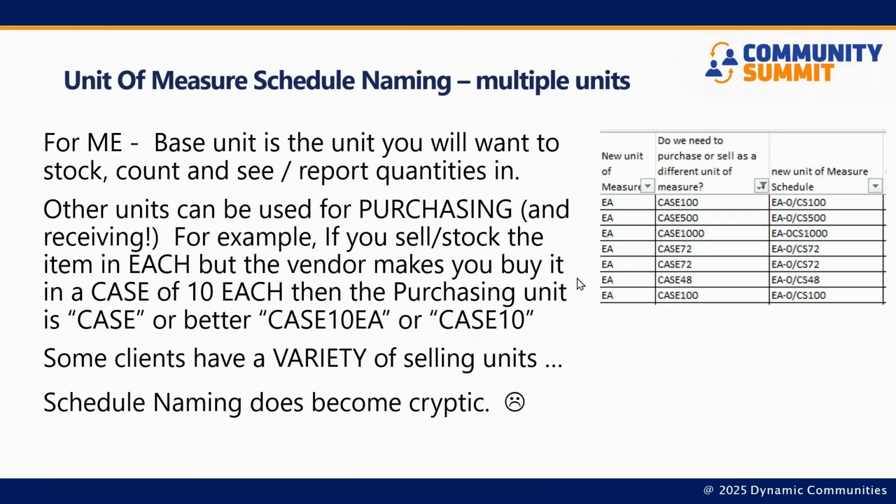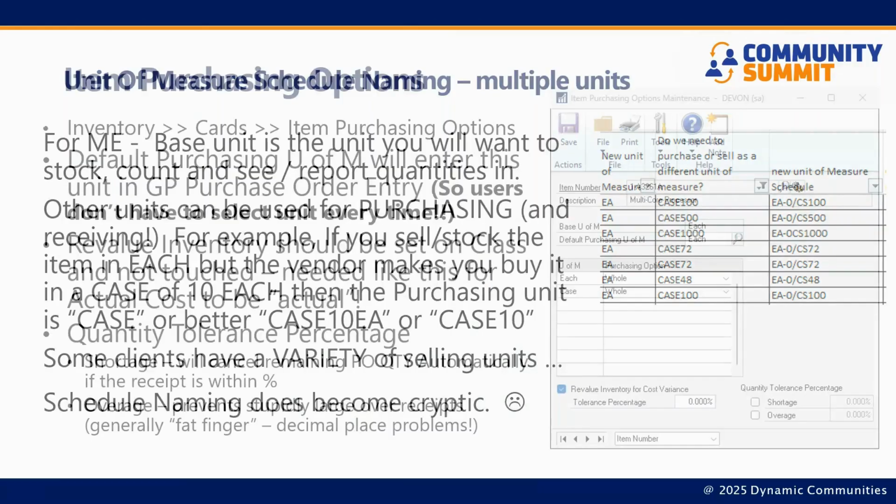And I have some clients that use selling units. Again, same concepts, same process. It's just in your selling units. Your pickers need to be aware of that. I don't have a lot these days. Most people have a single selling unit, and we're only using units of measure for purchasing and occasionally manufacturing. Okay. So that's my rant on unit of measures.